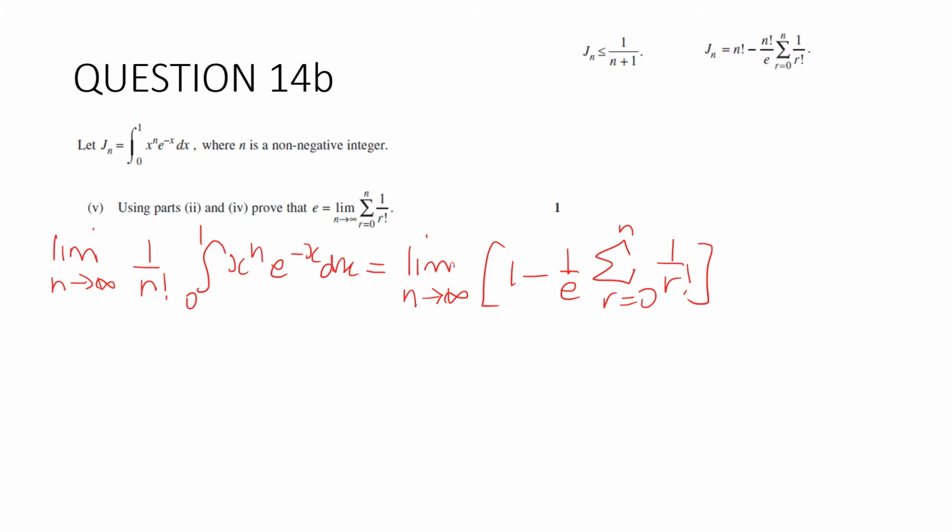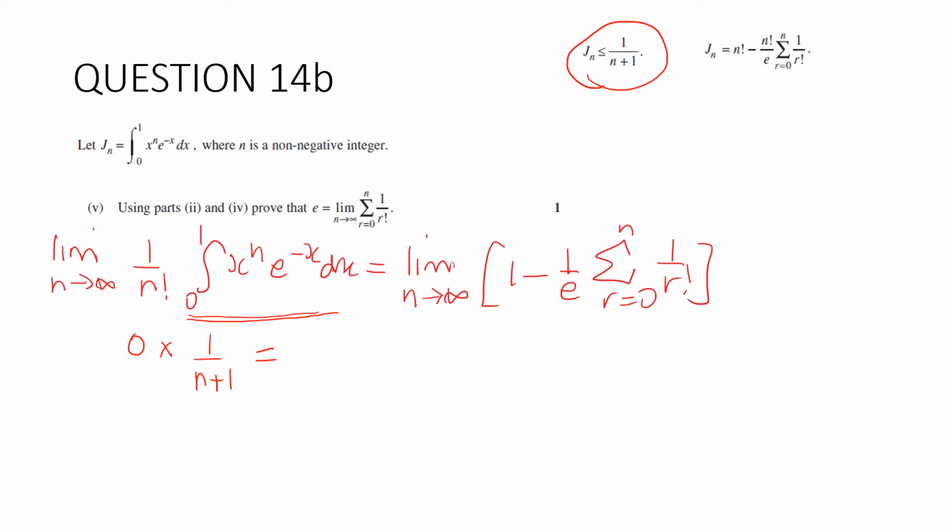Now the limit as n approaches infinity of 1/n! is 0, and this left-hand side is going to be equal to 0 provided the limit as n approaches infinity of this integral is not infinity, and we know its upper limit is 1 over n+1. So left-hand side is equal to 0.